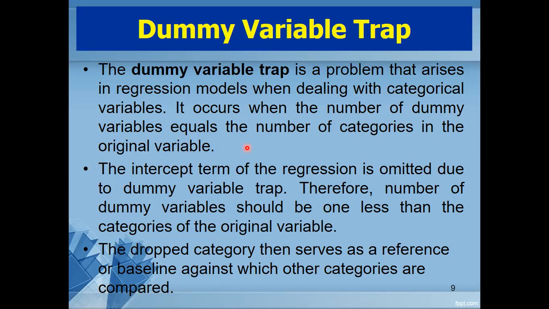That's why we should introduce the number of dummy variables as one less than the number of categories of the qualitative variable. Then the category that we drop, for example in gender where we have two categories, males and females, if you drop the female category, this dropped category should be considered as the base category or the reference group.